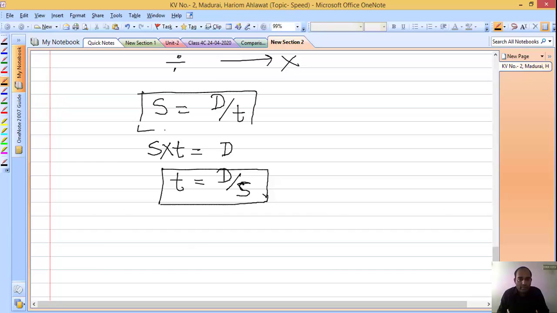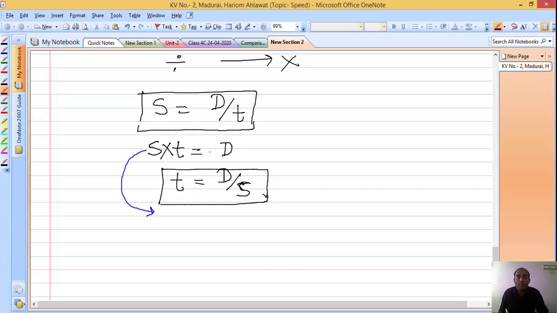Now you can find out speed, you can find out time. Third one, but sir, I want to find out distance. Okay, let's find out distance. Look here, distance at the right hand side, speed and time at the left hand side.